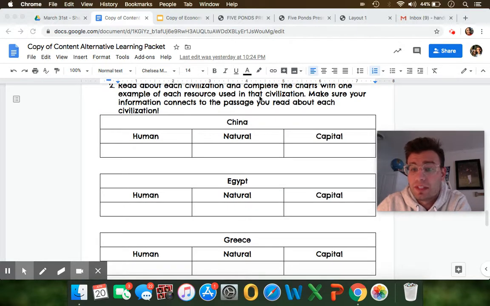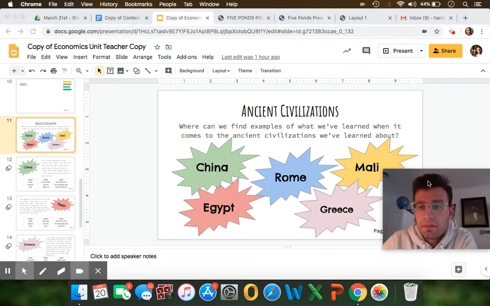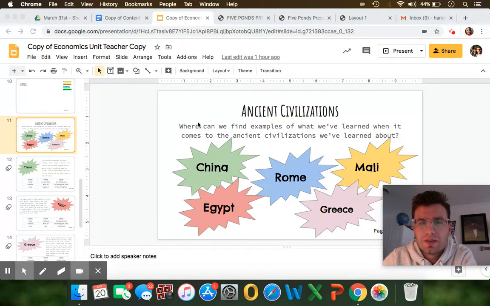Okay, so here we are on page 11, and page 11 says, where can we find examples of what we've learned about when it comes to the ancient civilizations we've learned about? So we're going to talk about China, Egypt, Rome, Mali, and Greece.